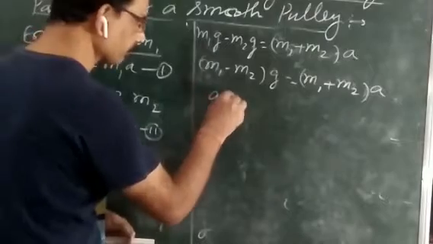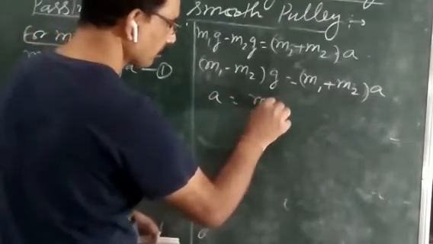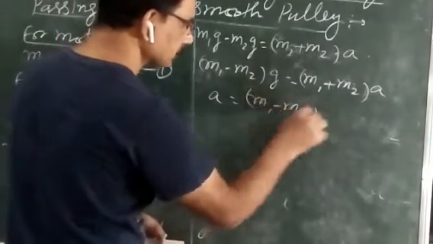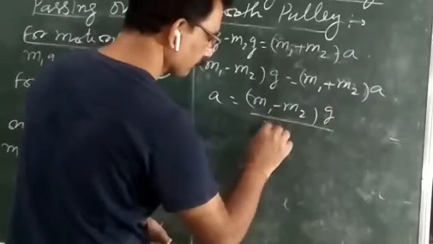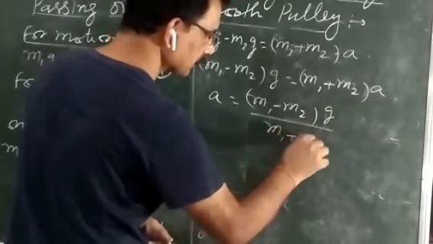So a is equal to m1 minus m2 g upon m1 plus m2.